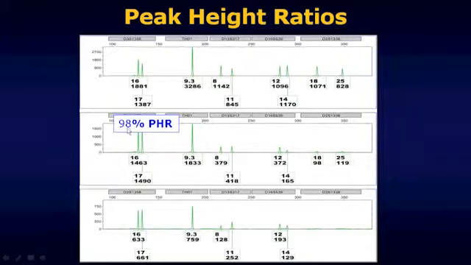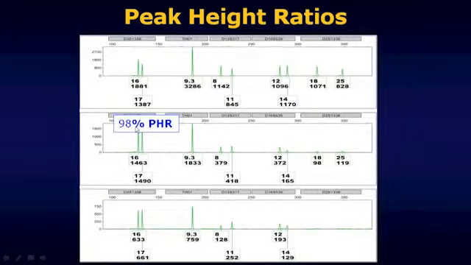All that we're doing here is taking the height of the smaller peak, here, the one that's 1,463 tall, and dividing it by the height of the taller of the two peaks, here 1,490 RFUs tall. That'll give us a fractional value, here 98%. The peak height ratio of the 16 to the 17 is 98%.